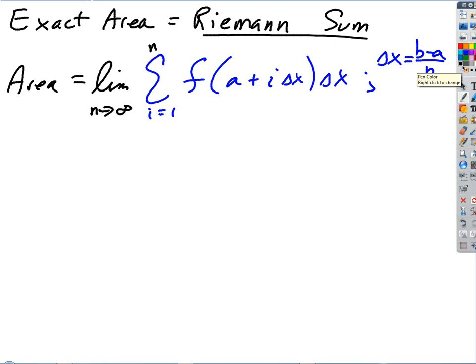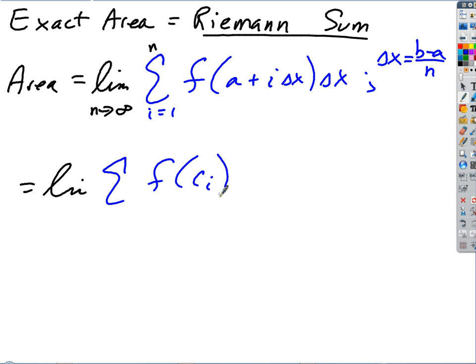A Riemann sum in its most general form is actually written like this. The limit of the sum of f of c sub i, where c could be any convenient way to slice up the area under the curve.